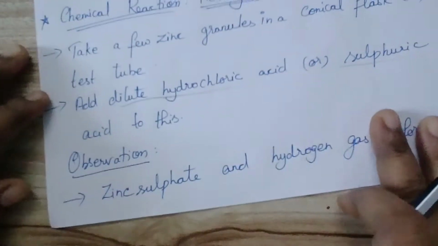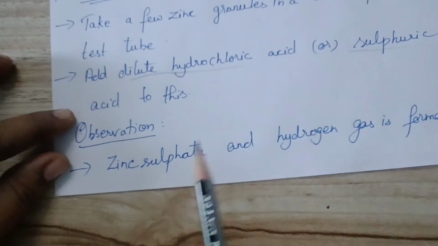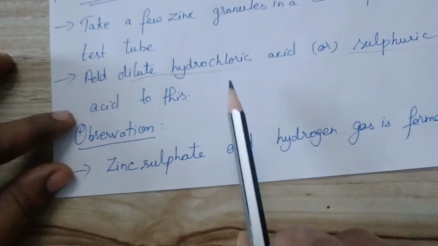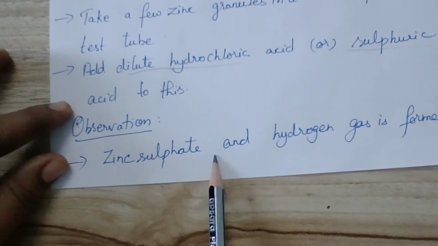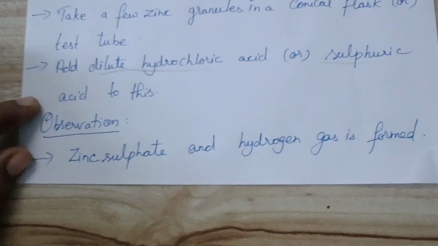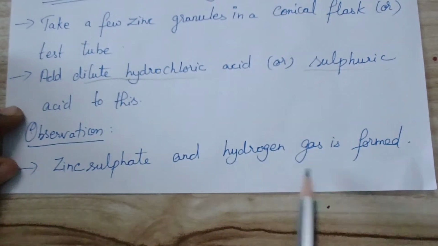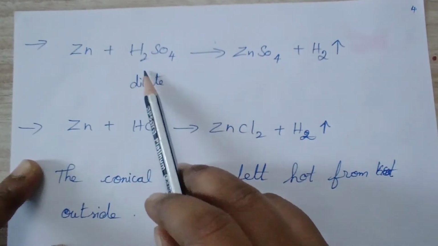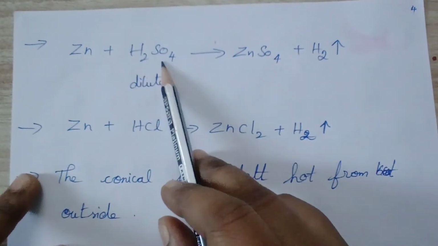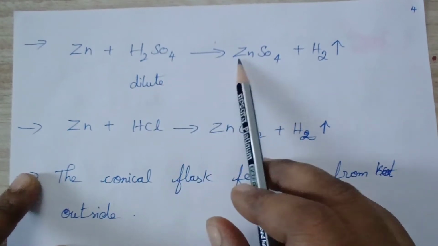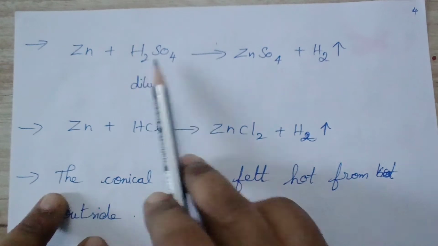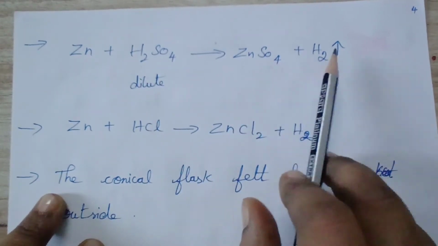So what are the observations when zinc granules are put in the hydrochloric acid or sulfuric acid? Zinc sulfate and hydrogen gas are formed. When zinc reacts with dilute sulfuric acid, H2SO4, the zinc replaces the hydrogen, giving zinc sulfate plus hydrogen gas.